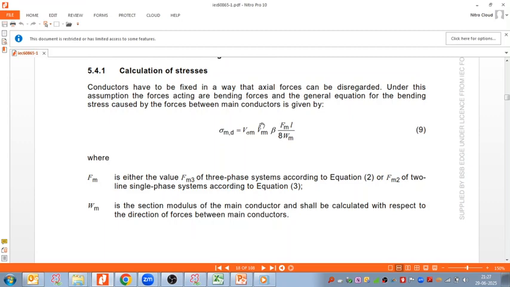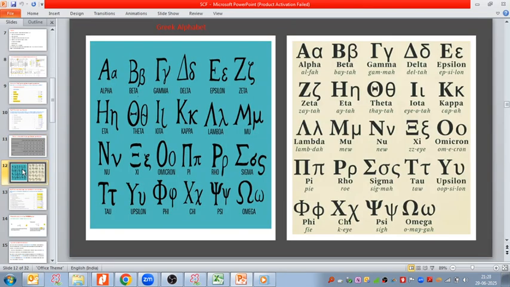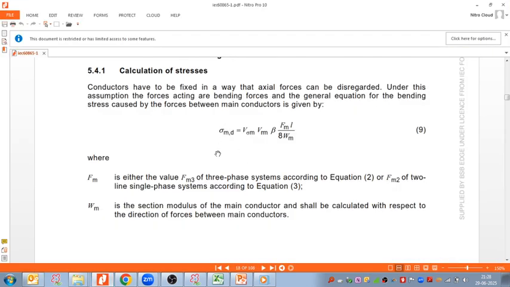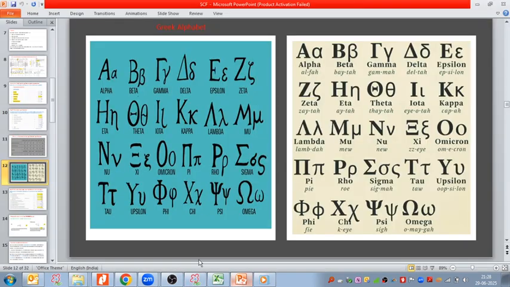For your ready reference, I have prepared a slide so that when you are reviewing the class, or when you are performing the calculations, you will know the names of the symbols that we are using here: alpha, beta, gamma, delta, epsilon, zeta, eta, theta, iota, kappa, lambda, mu, nu, xi, omicron, pi, rho, sigma, tau, upsilon, phi, chi, psi, omega.